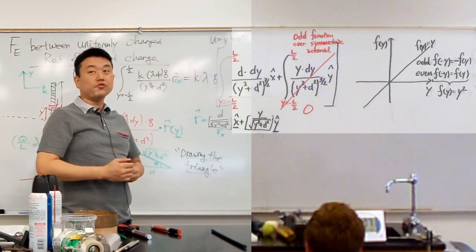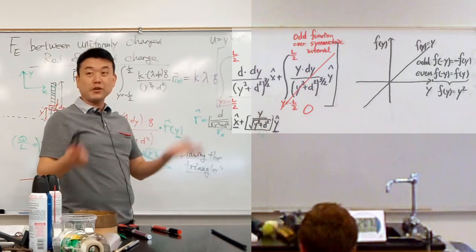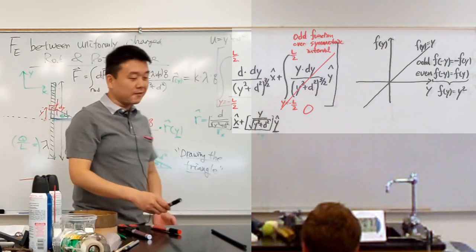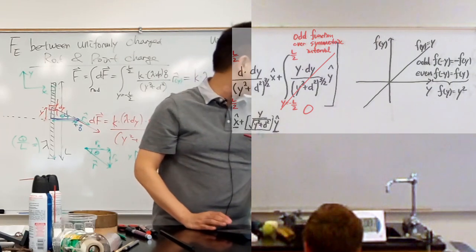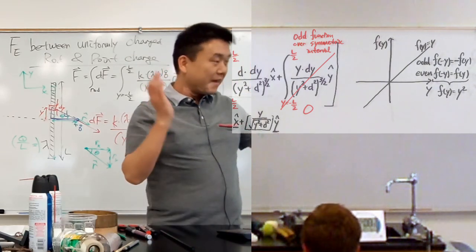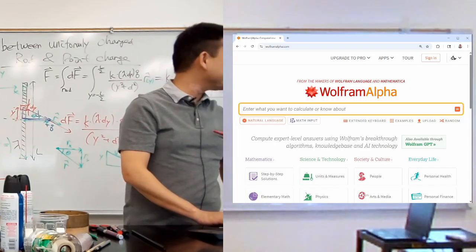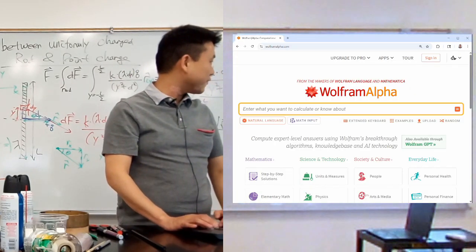You have to use trig substitution. So u substitution will not work. And I'll just say this up front: I will never give you an integral problem where you have to use trig substitution in this class. So instead, for these few problems where I kind of have to in lecture, I'm just going to use Wolfram Alpha.